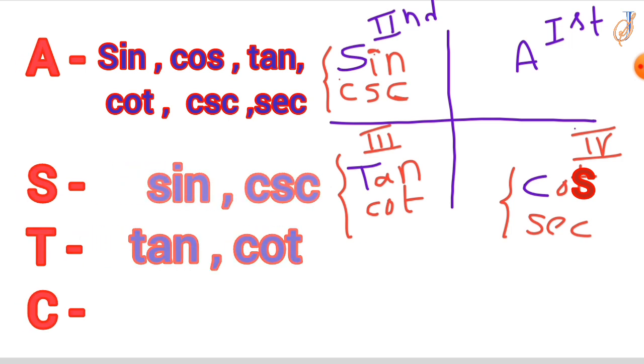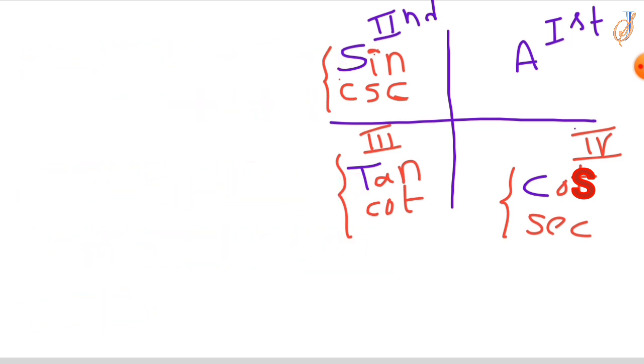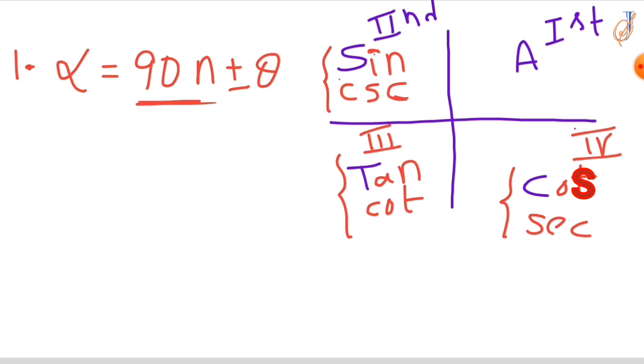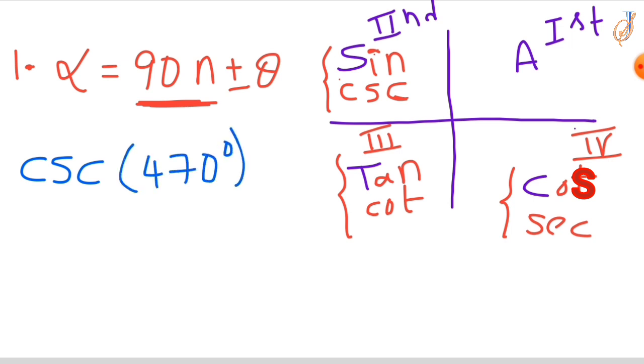Let's go for the trick. The trick follows 4 steps. The first step is to express an angle alpha as 90 times n plus or minus theta. So whatever angle you are given, you need to convert it into the 90 table. For example, if you are given cosecant of 470 degrees, you need to convert it in terms of the 90 table.